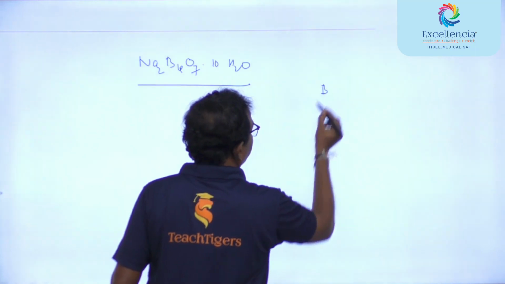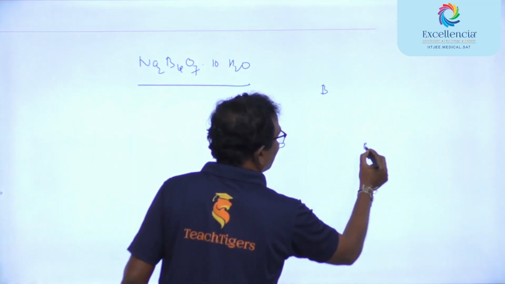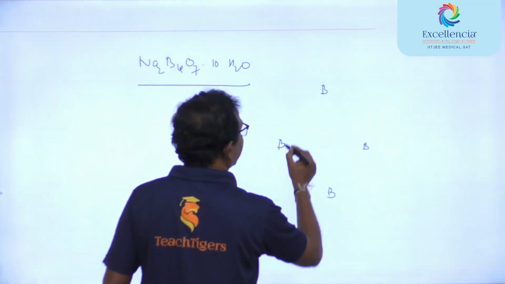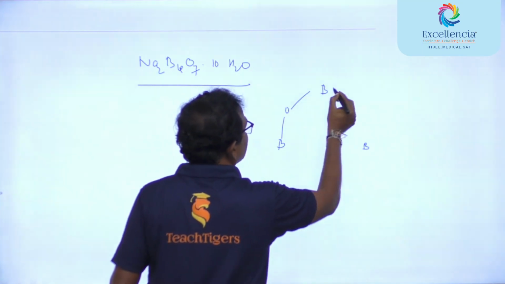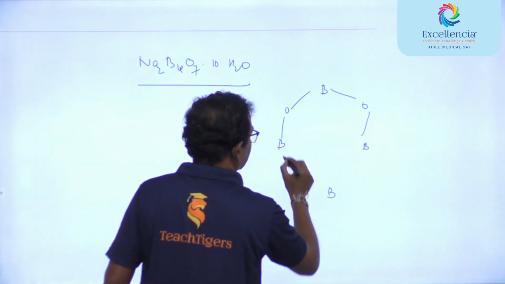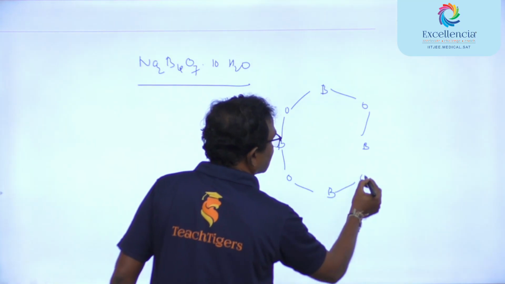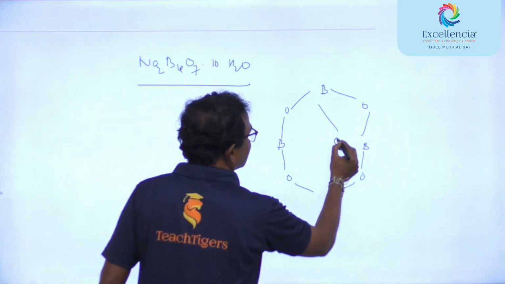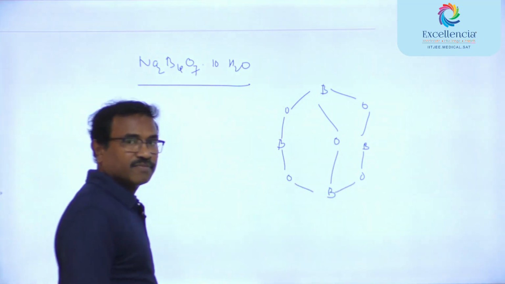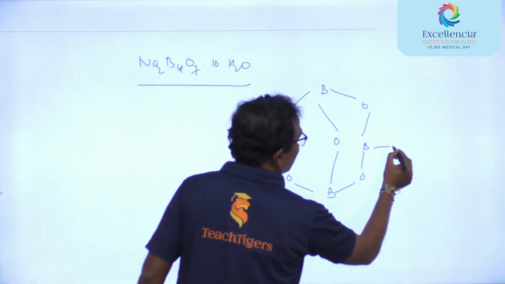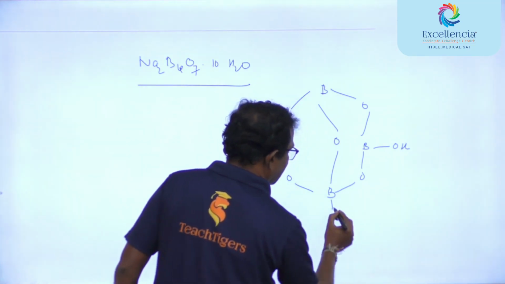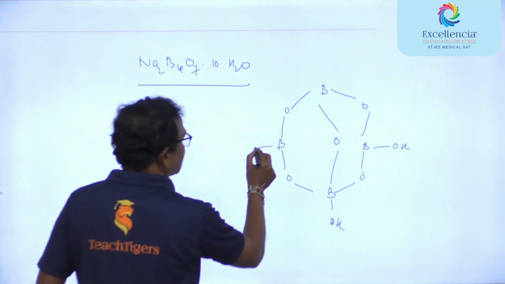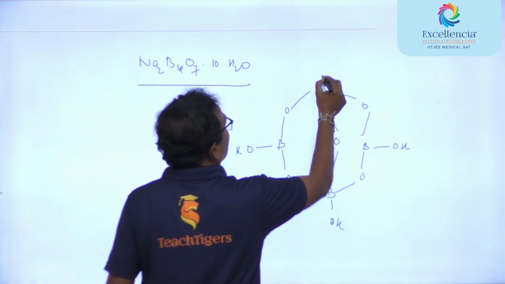This is boron. All the 4 boron atoms are tetrahedrally oriented with a bridged oxygen like this, and one more oxygen should be something like this. And here on every boron you have one OH group.